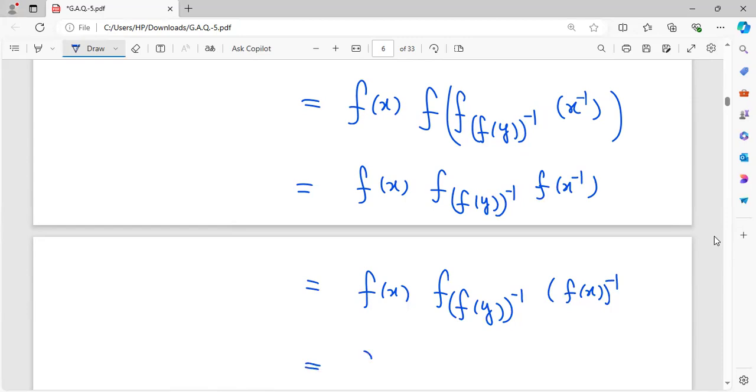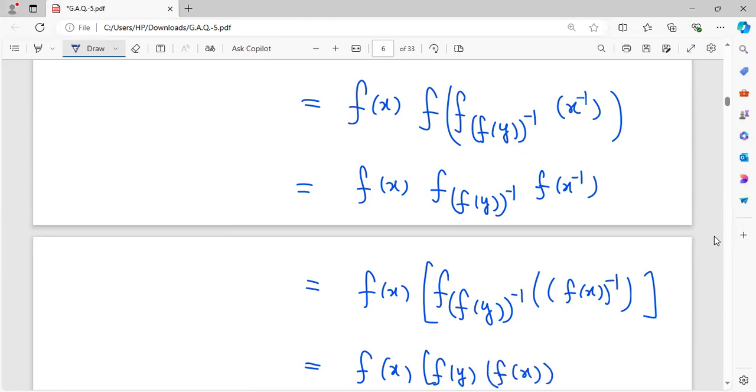Applying inner automorphism here, what you will get is f y, f x inverse, and f y inverse.